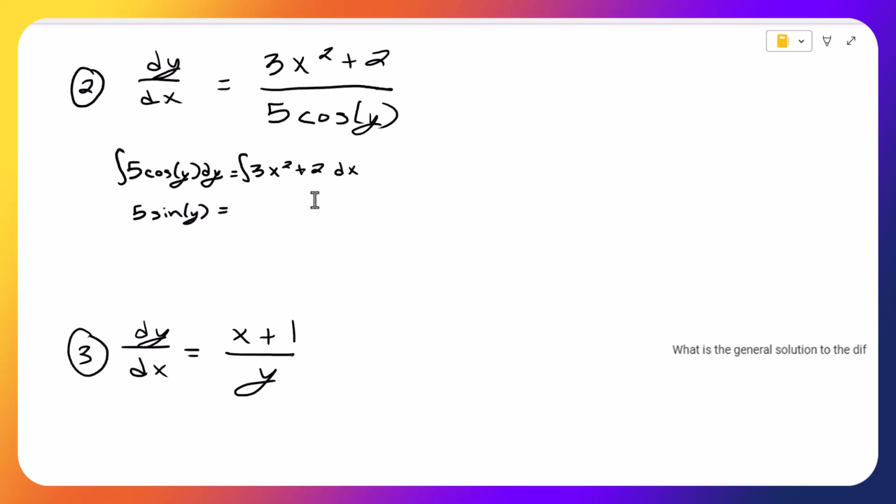The antiderivative of 2 is 2x. And then make sure to put your plus c at the end on the right-hand side. We're solving for y, so divide both sides by 5. We get sine of y equals x cubed plus 2x plus c divided by 5.